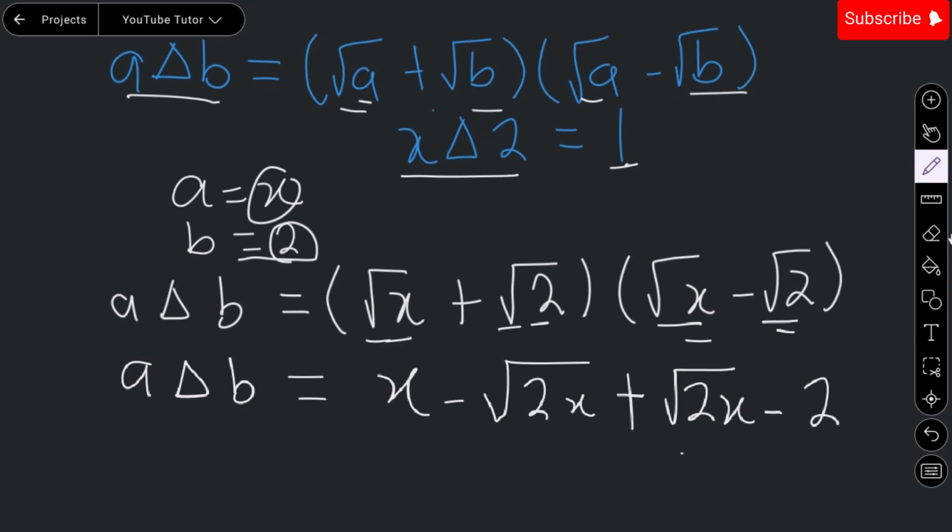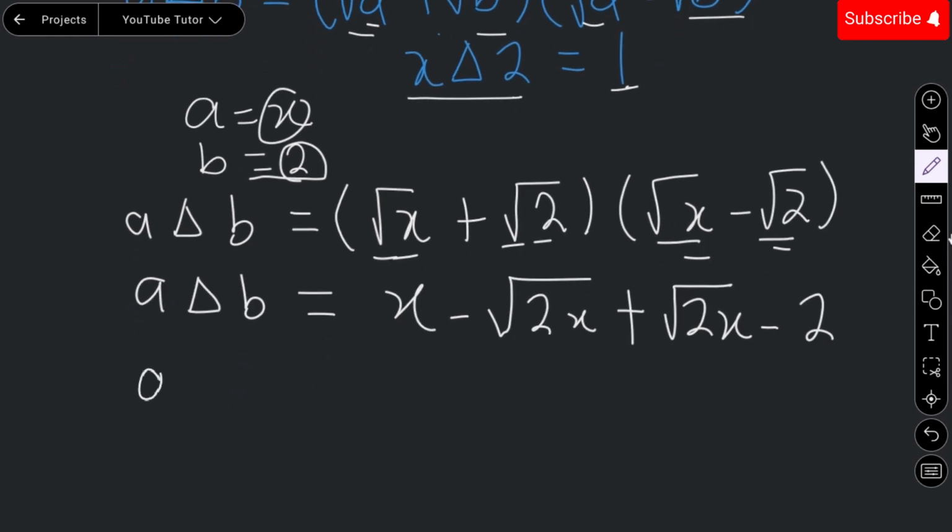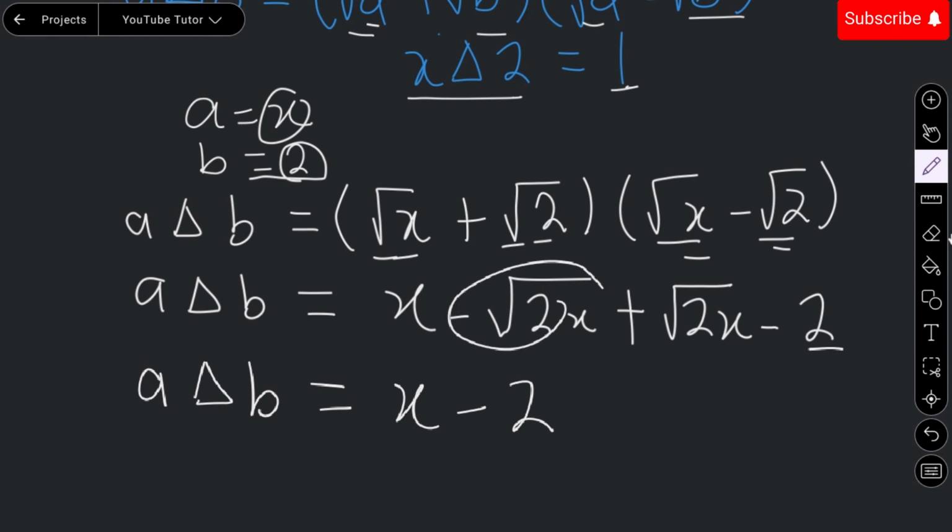Alright, so now we have A triangle B giving us x minus 2, and this and that going away to give us 0.